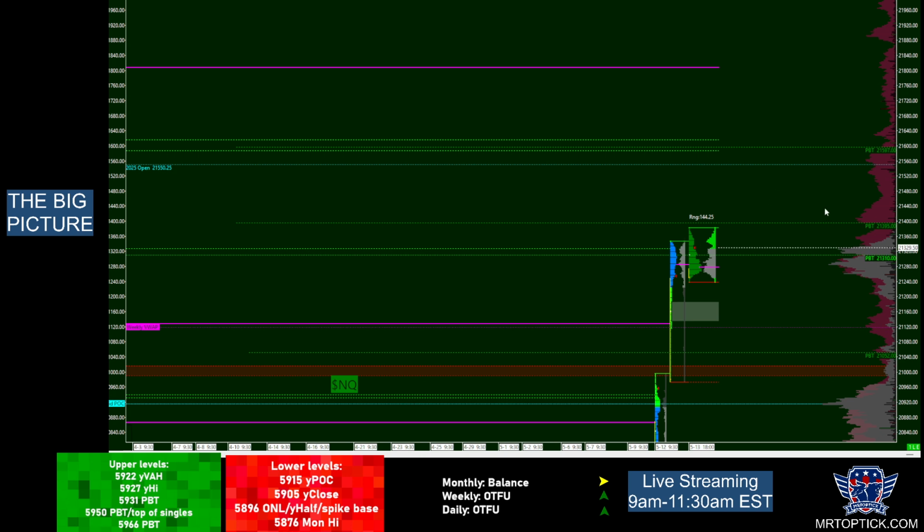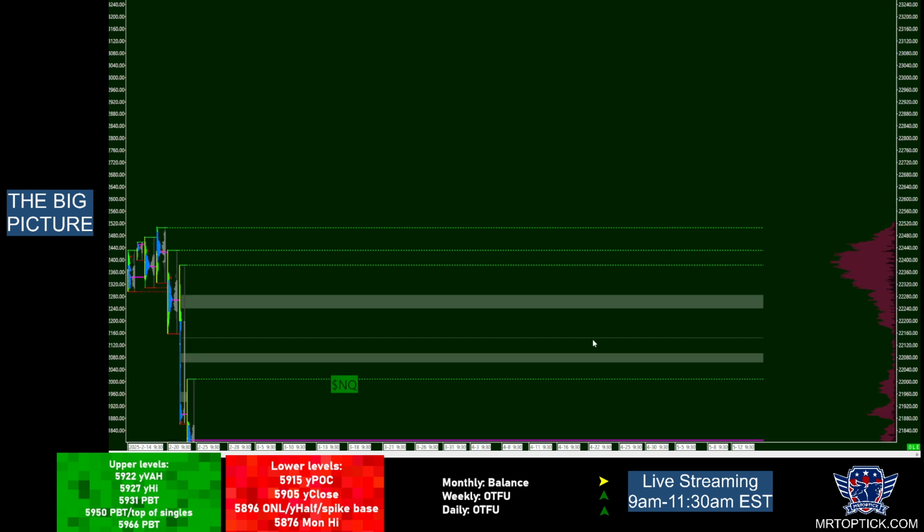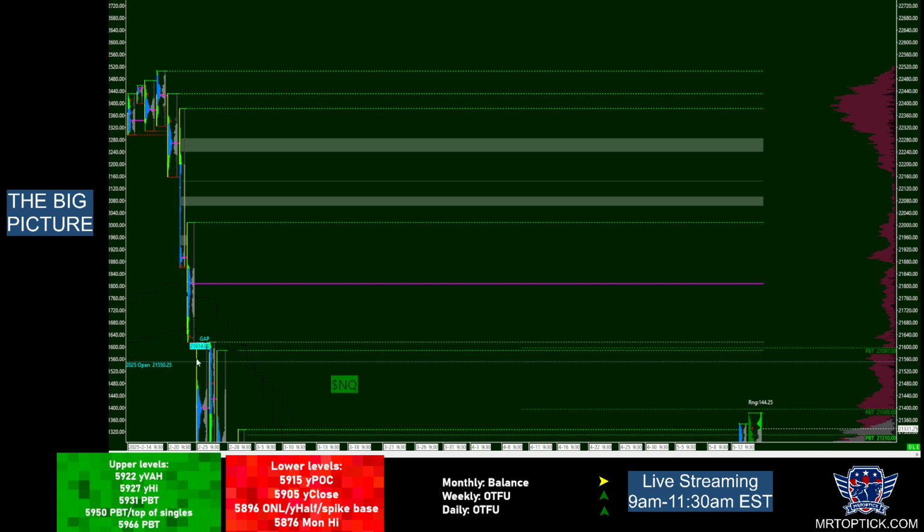So above it, the target for this imbalance from yesterday is at 21,597, where we also have that low volume node and these two untested highs from, I think, February.